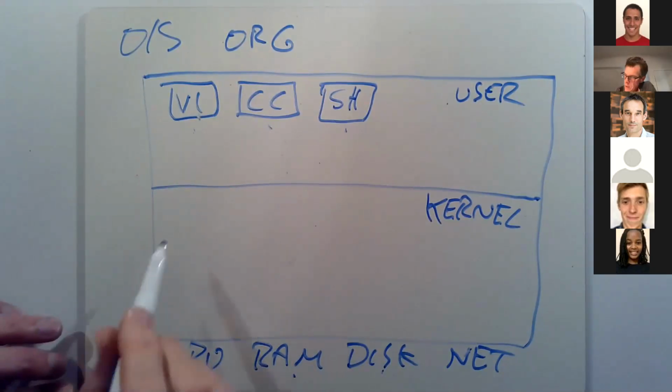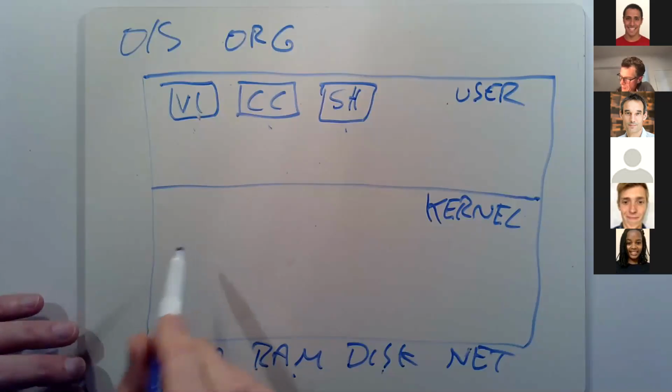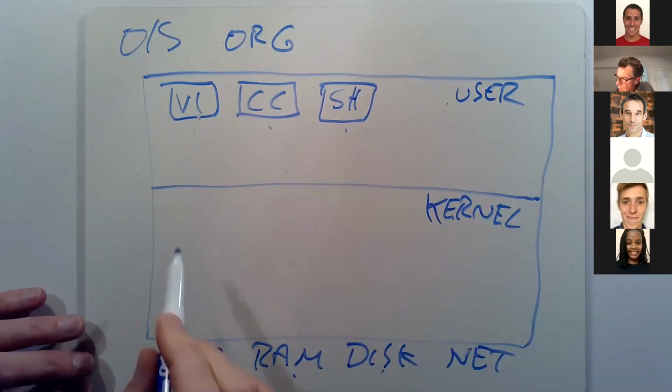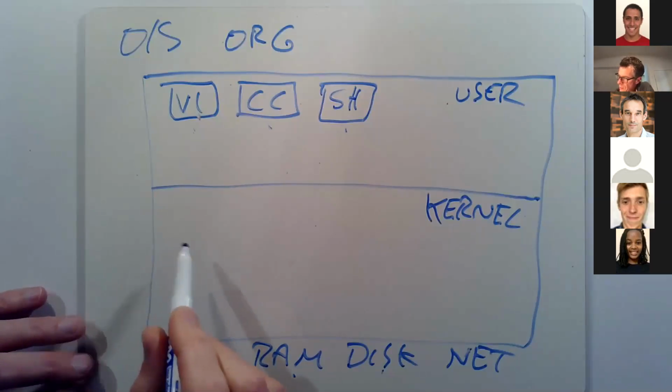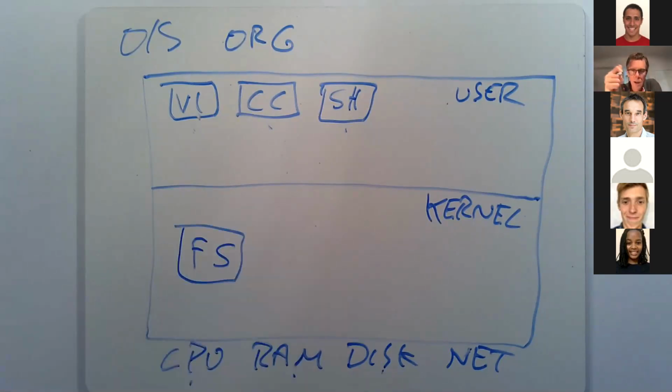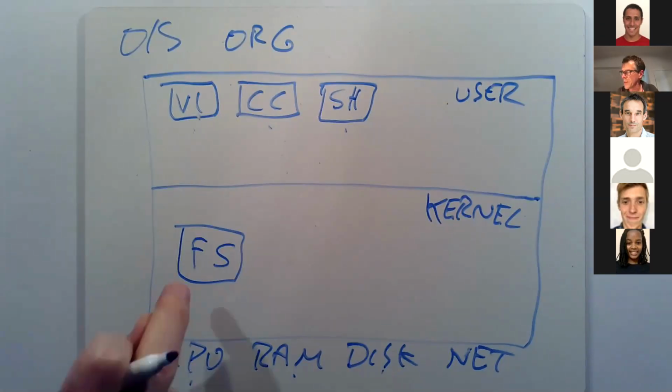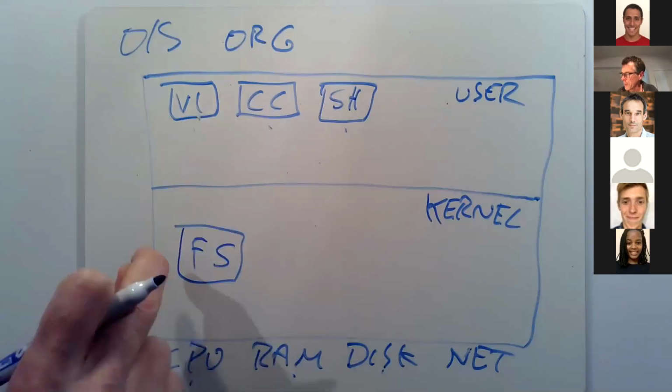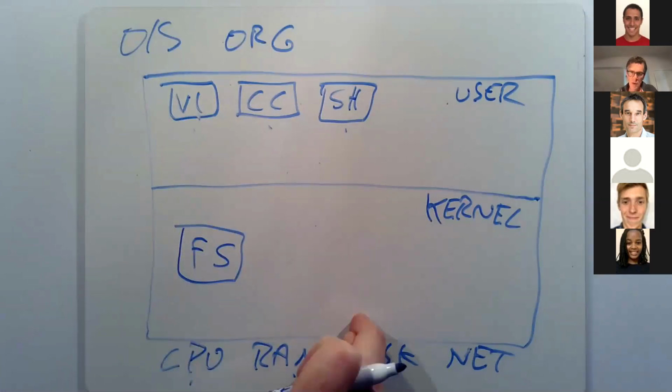The kernel also has built in a bunch of services. For example, there's typically a file system implementation inside the kernel that implements things like file names and file contents and directories, and understands how to store the files on the disk. So your programs are going to talk to the file system inside the kernel, and the file system implementation is going to talk to the disk.